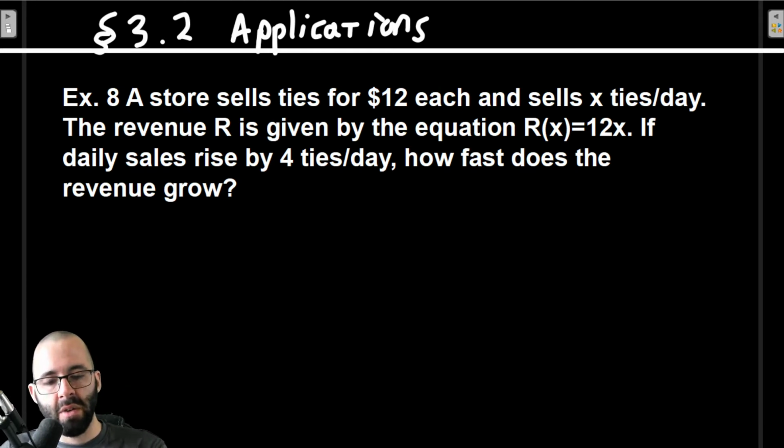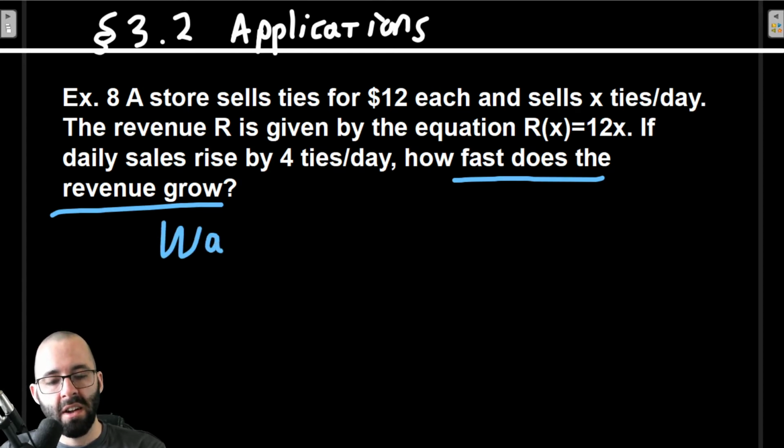What do we want to know? We want to know how fast does the revenue grow over time? We want the rate of change of the revenue with respect to time.